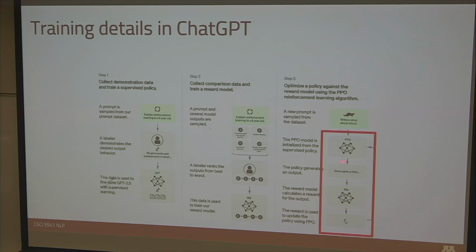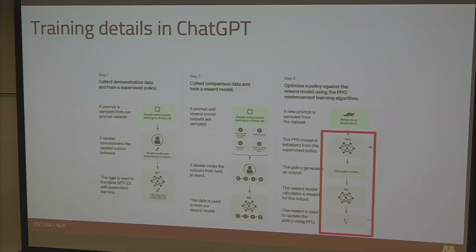Based on the generation, the reward model will compute some sort of score, positive, negative, or whatever, and then this score will be fed back into the original instruction-tuned model to update its policy in choosing the next token.